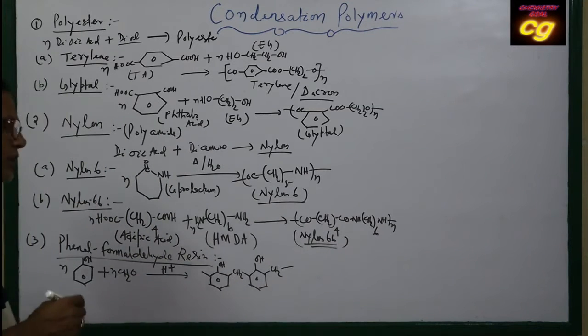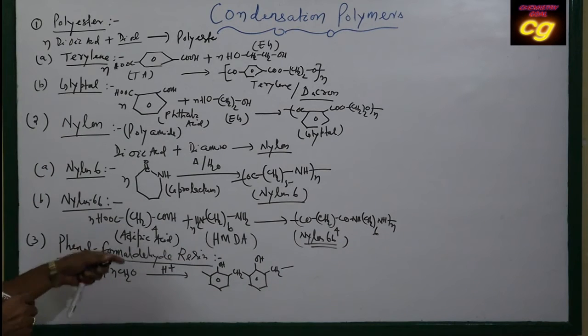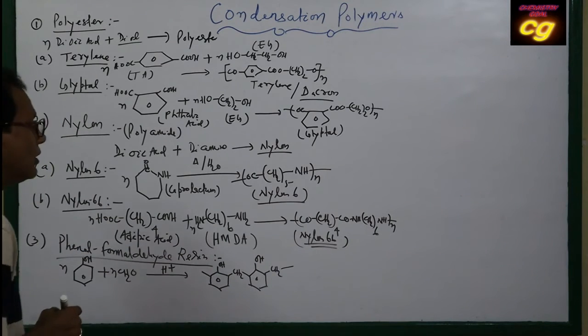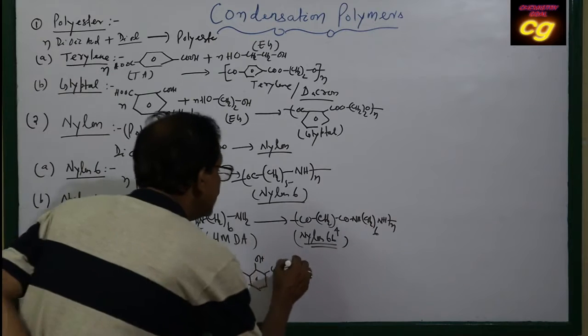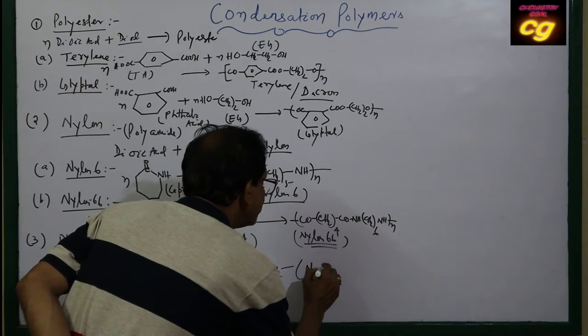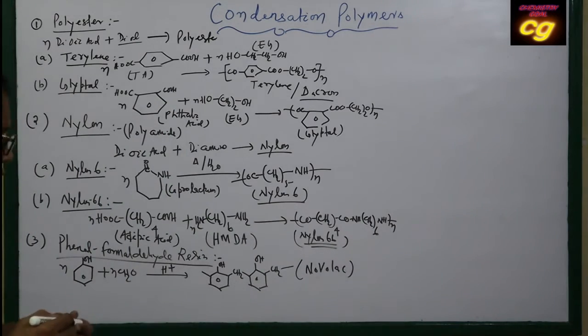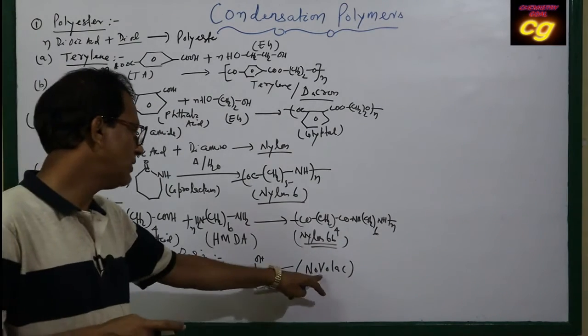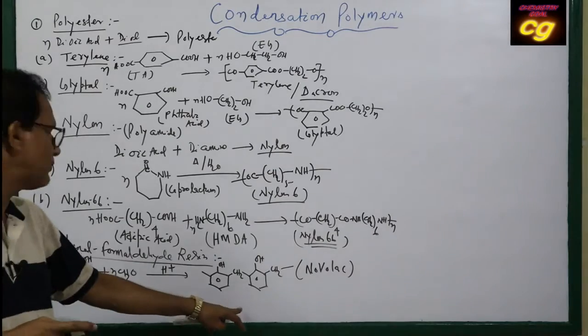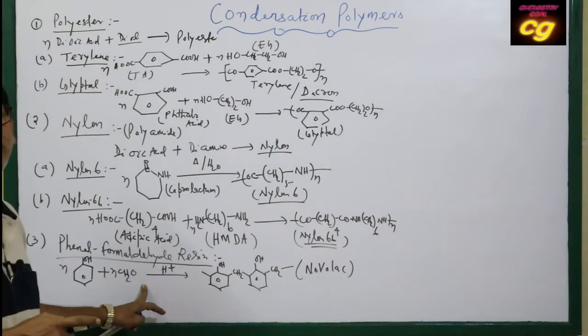This linear polymer of phenol and formaldehyde is called Novolac. What is Novolac? Novolac is the linear chain polymer of phenol and formaldehyde.